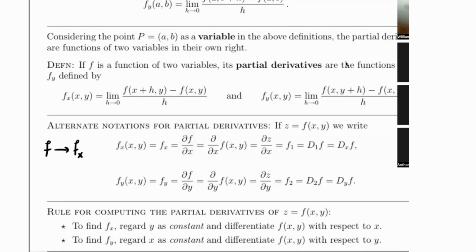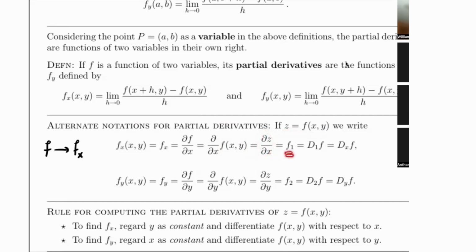Here, we'll also think of d by dx as an operator, which operates on functions. So think of it like we want to differentiate something with respect to x. What do we want to differentiate? It's this function. We'll sometimes write this: if z is equal to f of xy, we sometimes just write dz dx.